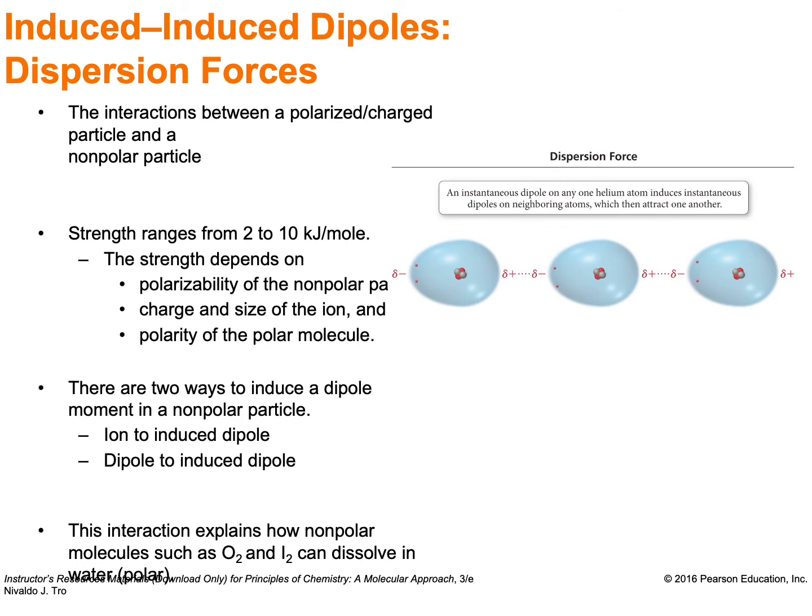A helium atom and its neighboring helium atom have temporary dipole-dipole forces. It's important to note that while very weak, these forces allow substances like O2 and I2, which you normally think of as nonpolar, and they are very nonpolar, to dissolve in a polar solvent like water because of these dispersion forces, the temporary dipoles that exist.